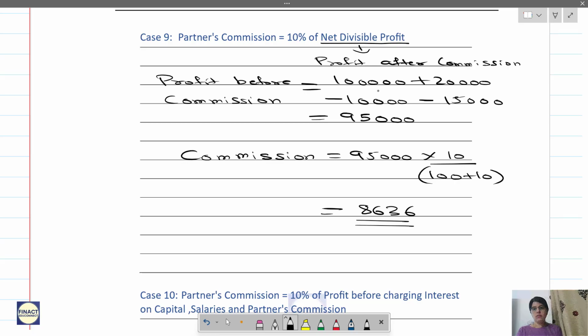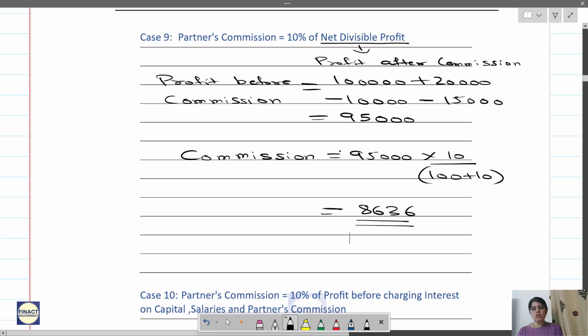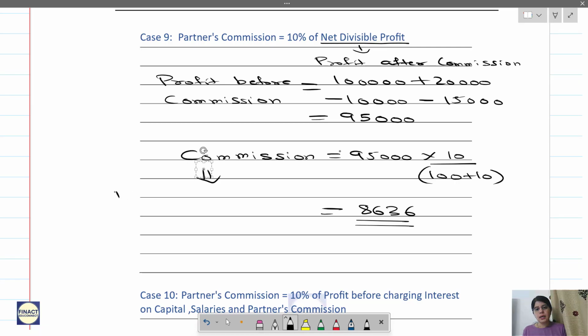Whenever they are giving you net divisible profit, your formula will be the same, whatever you did till now. The formula will be divisible profit into rate divided by 100 plus rate.